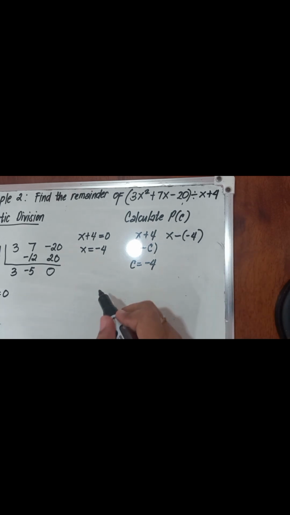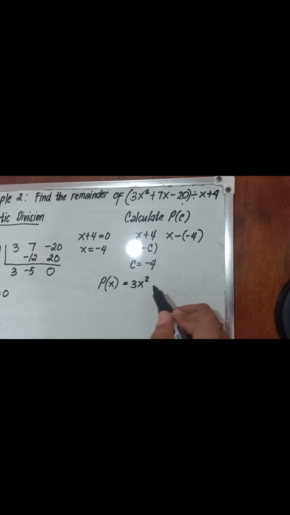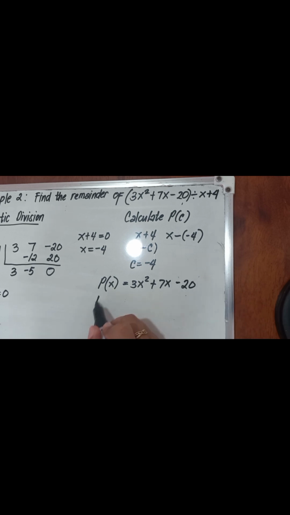Now, P of x equals 3x squared plus 7x minus 20. So our x is negative 4. All the variables x must be substituted by negative 4, so 3 times negative 4 squared plus 7 times negative 4 minus 20.